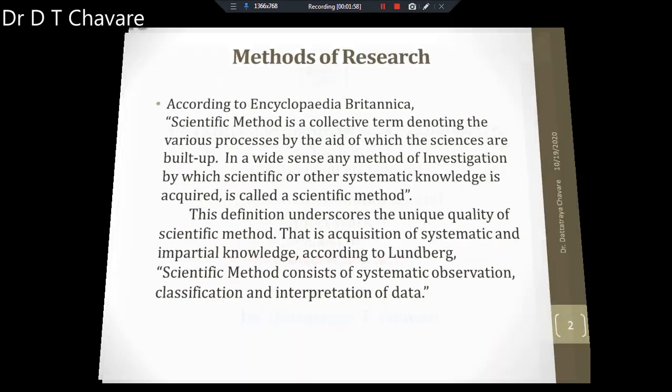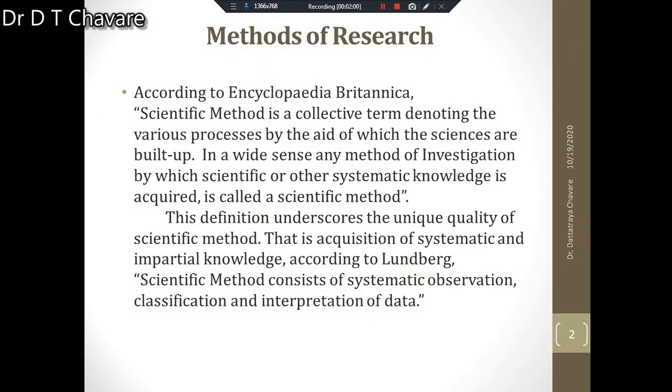Okay. Now try to understand the meaning of methods of research. According to the Encyclopedia Britannica, scientific method is a collective term denoting the various processes by the aid of which the sciences are built up. In a wide sense, any method of investigation by which scientific or other systematic knowledge is acquired is called scientific method.